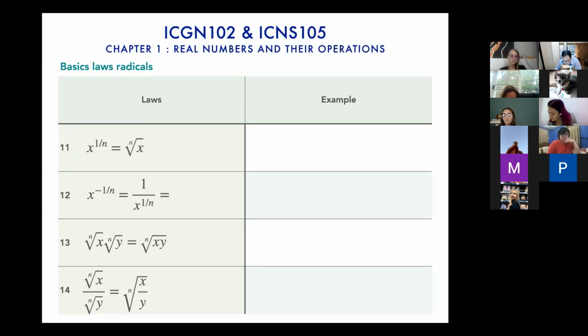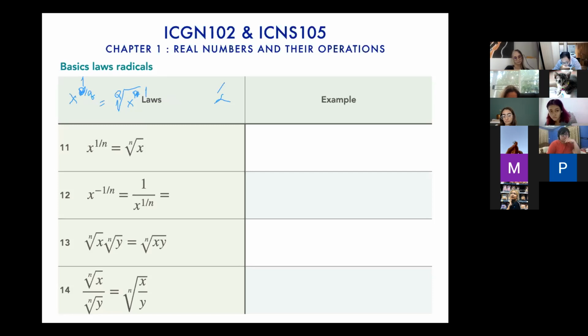I told you that if you have x to the p over q, you can write it as the q root of x to the power of p. In this case p is 1, so x to the power of 1 over q is the q root of x.